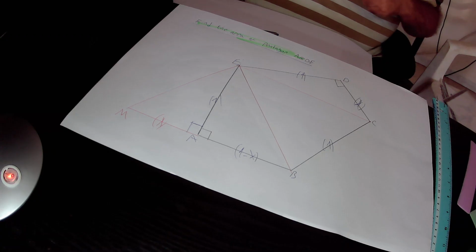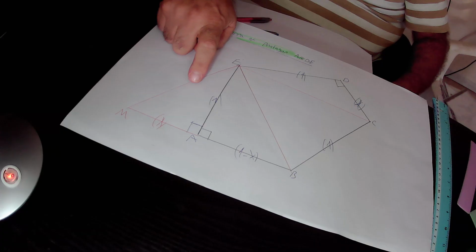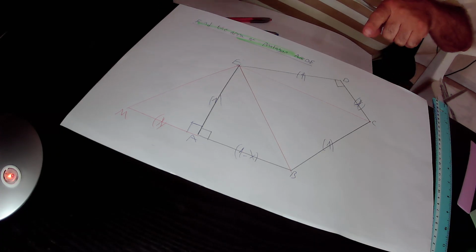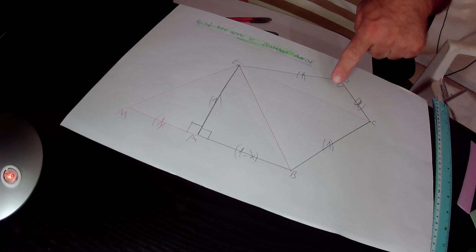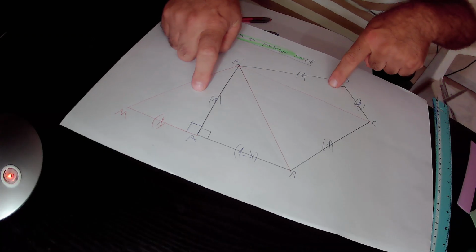In the next step, we prove that this right triangle EMA is congruent to this right triangle CDE according to the side angle side rule. So I copy those two right triangles to a new page, and we prove that those two right triangles can go into each other.